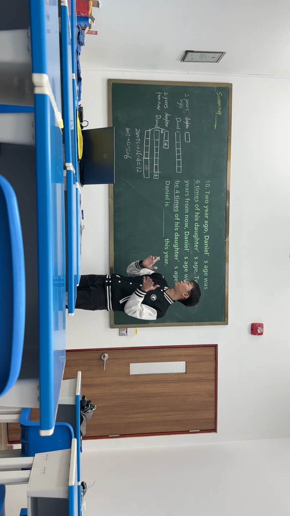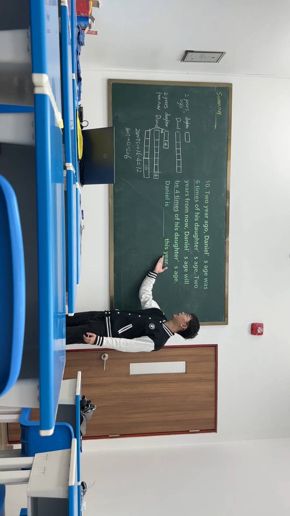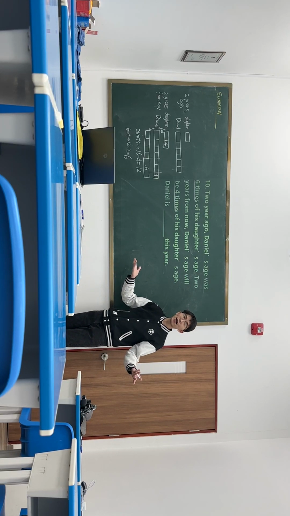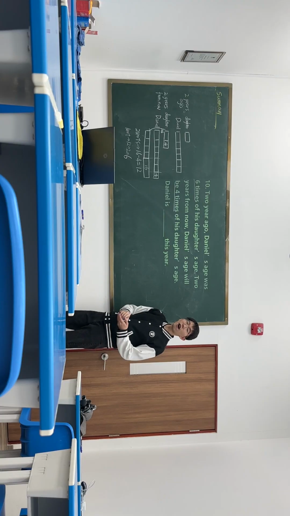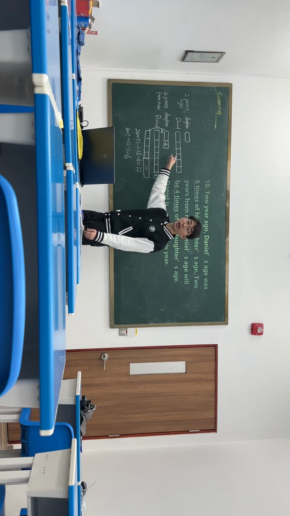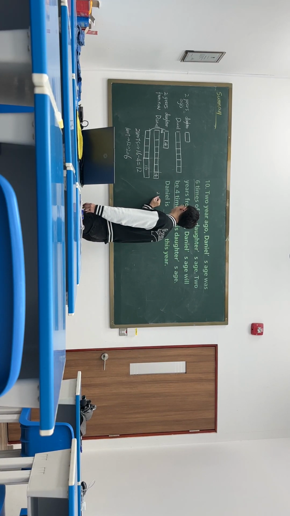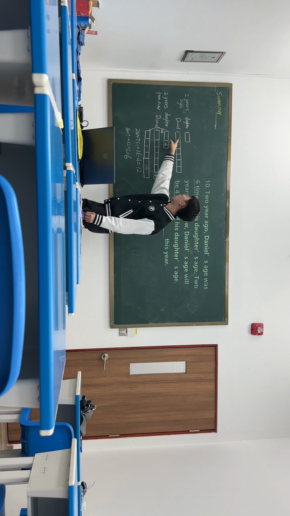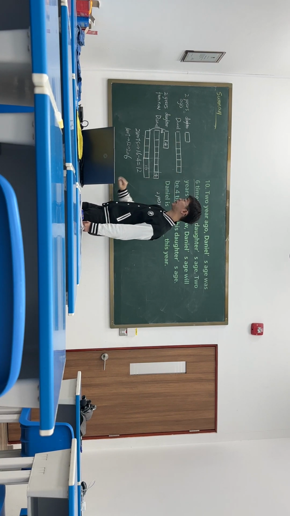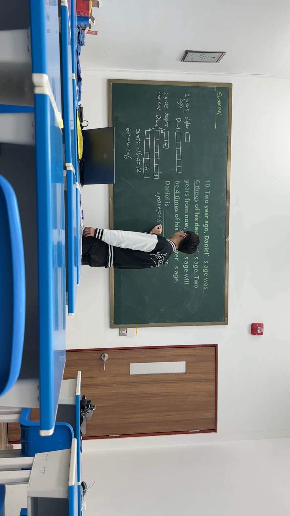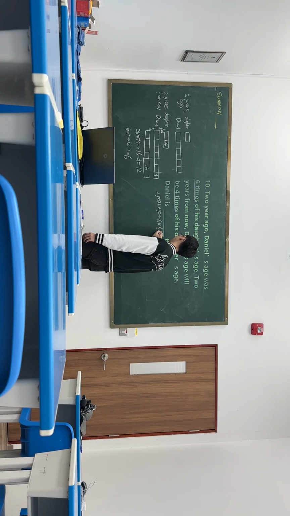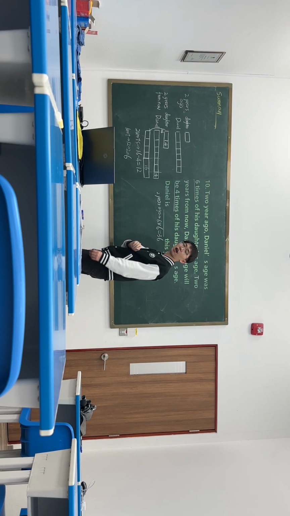And now we are trying to find out the age that Daniel is now. Any idea how to find out? Okay, of course, we can start from 2 years ago. So 2 years ago, what is the age of Daniel? Daniel has 1, 2, 3, 4, 5, 6 units. So 6 times 6 equals 36 years old.